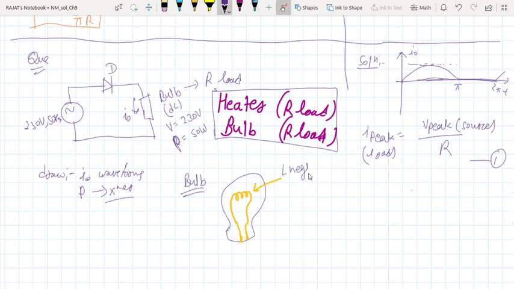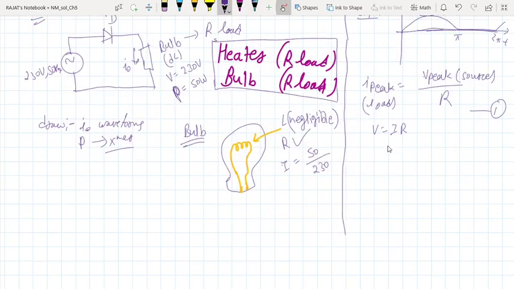L is very small or negligible, I can assume, and there is some resistor R. To calculate R, I should know I from the power rating and the voltage rating, so I can calculate the current as 50 by 230. So V is equal to IR, and R is equal to the voltage 230 volt divided by the current I calculated, 50 by 230. So this is the resistance R.